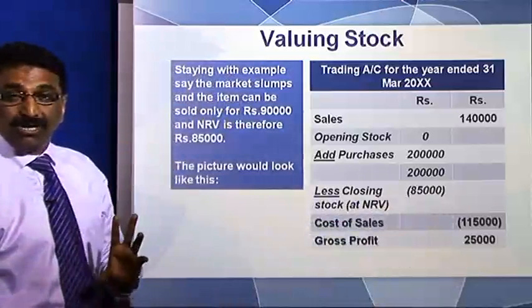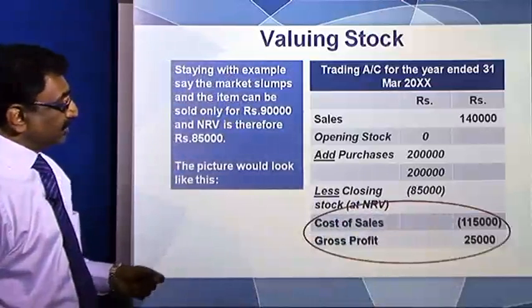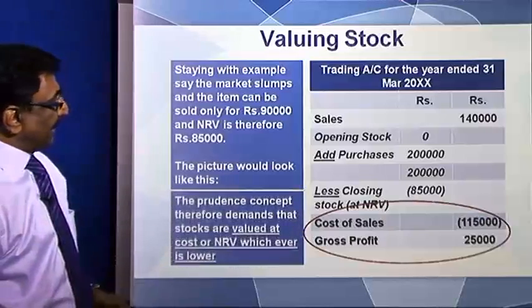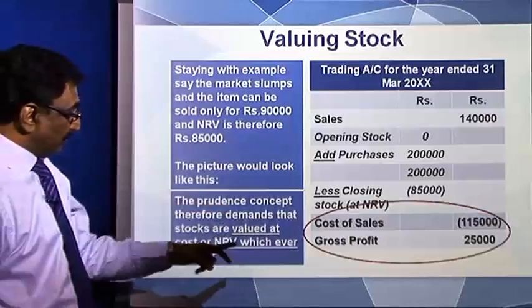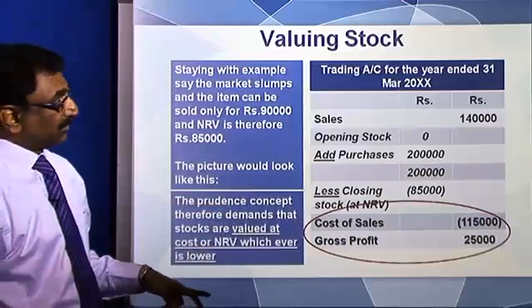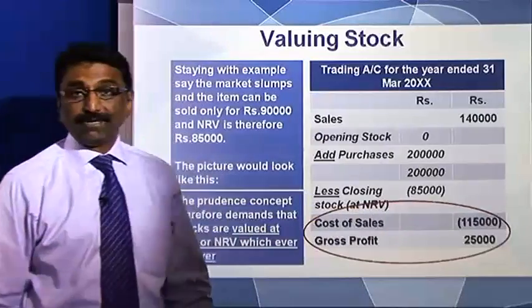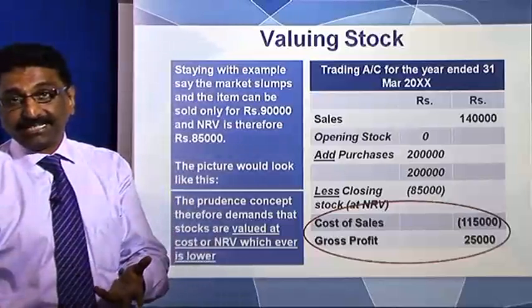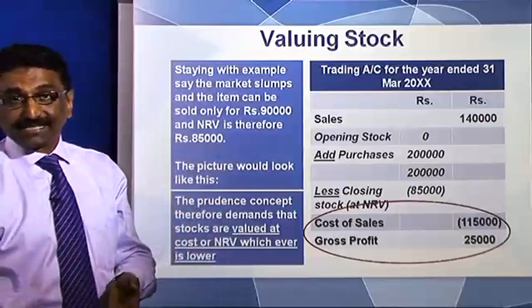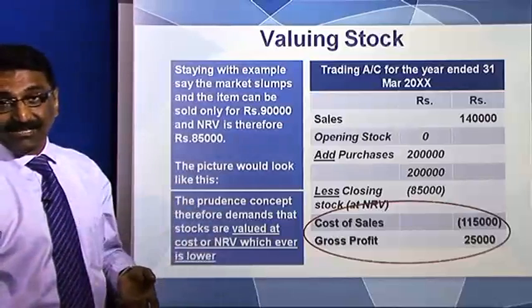So from a prudence principle, the valuation of stock should be done at the cost or the net realizable value, whichever is lower, so that we do not overstate profits by looking at either selling price or any price which is net realizable after considering the selling cost, but higher than the cost price.